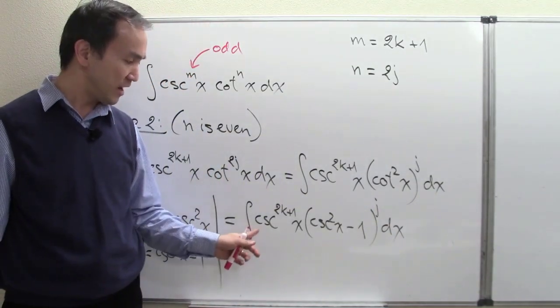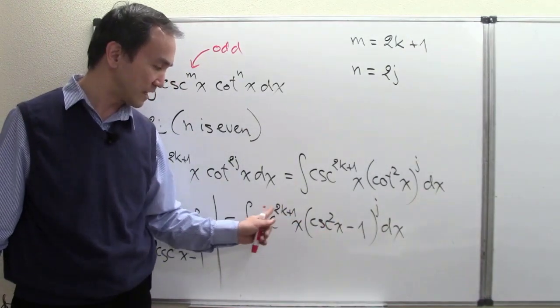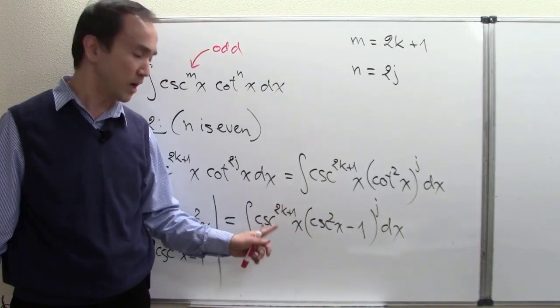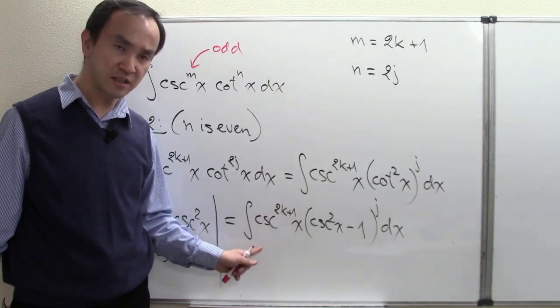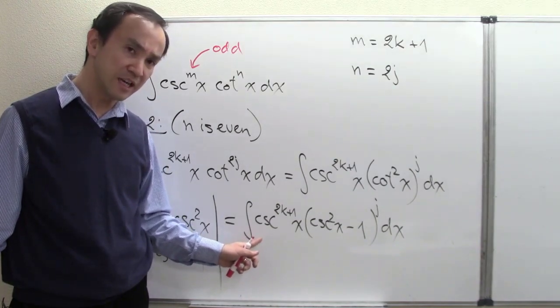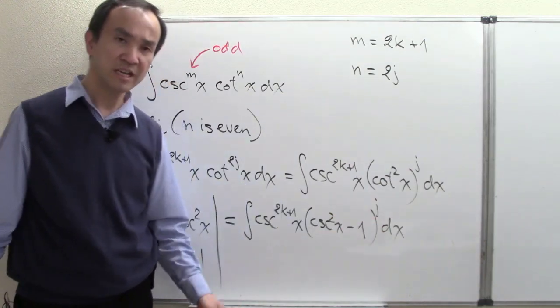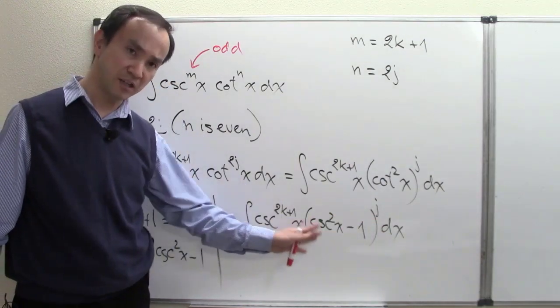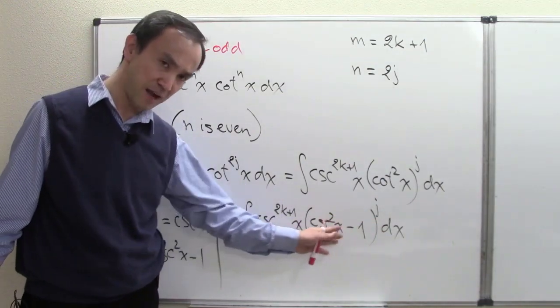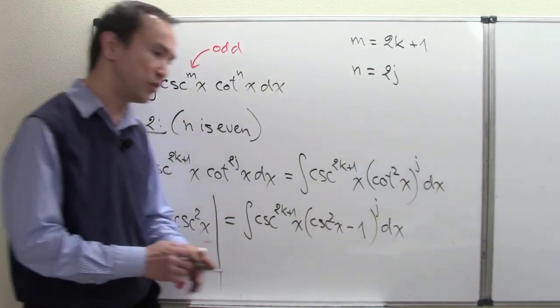And so when you have multiple terms, after expanding and distributing out that cosecant to the 2k plus 1, you're going to simply integrate this overall lengthy integral term by term, and each term is a power of a cosecant.